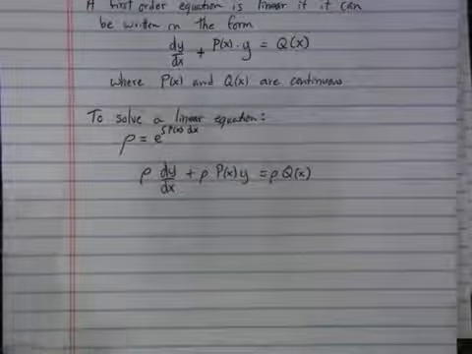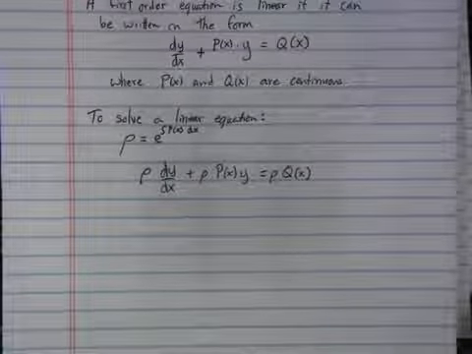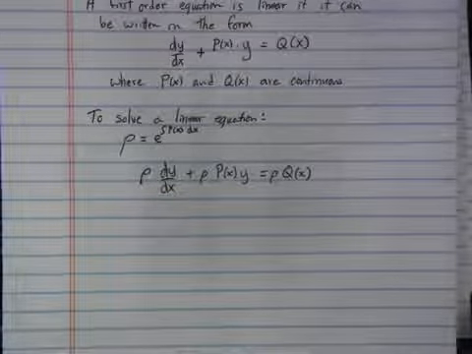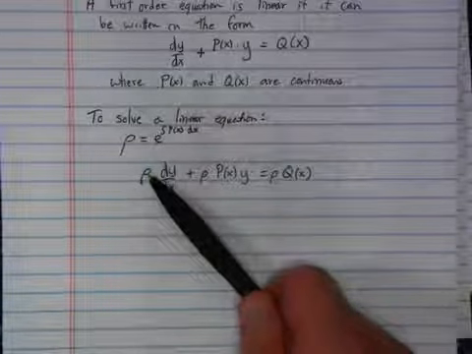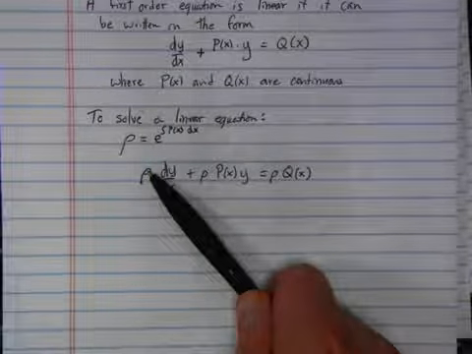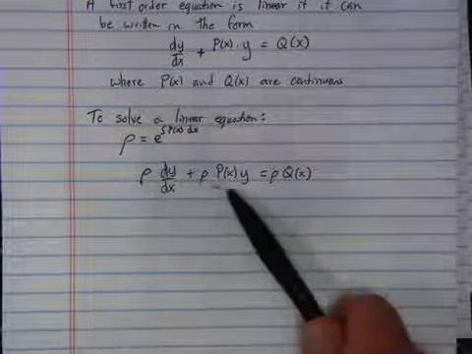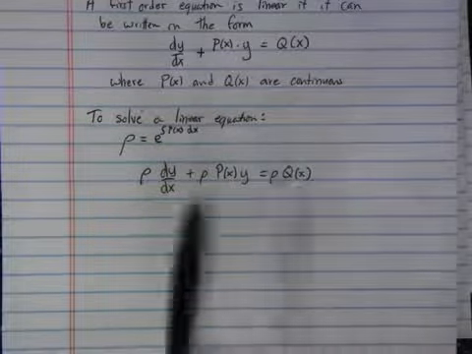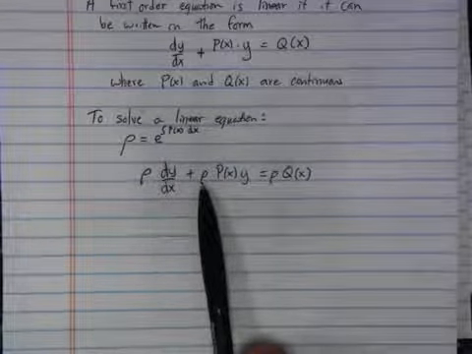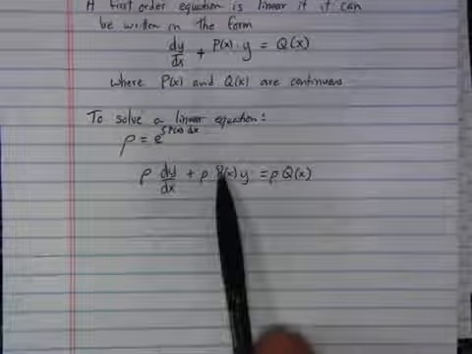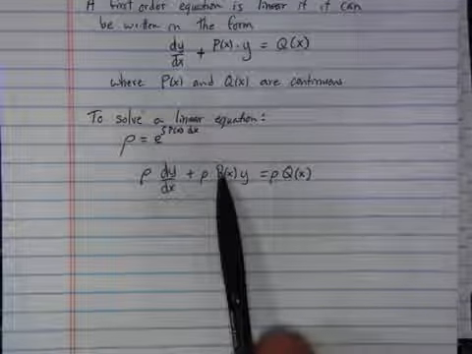Wait, p is rho and p is... No, rho is a p. Rho looks like p. Rho is the Greek letter p. Rho looks a lot like p, so I've tried to distinguish by writing this one looking like a little p and that one looking like a capital P. All right. Okay.